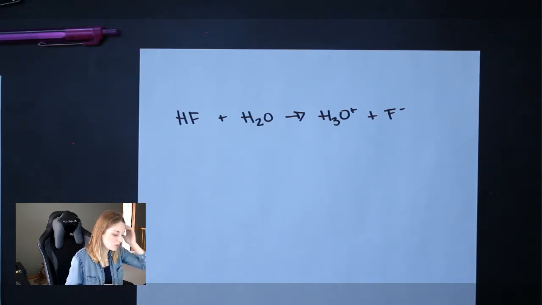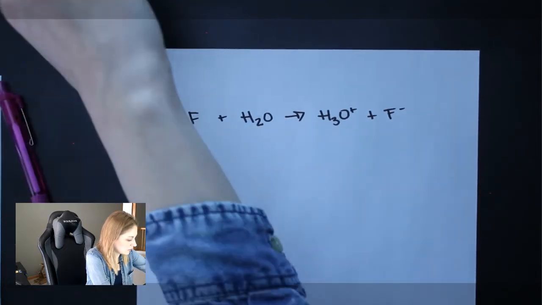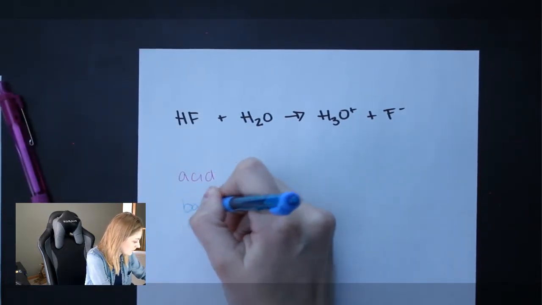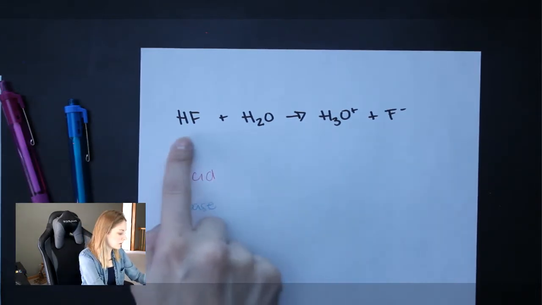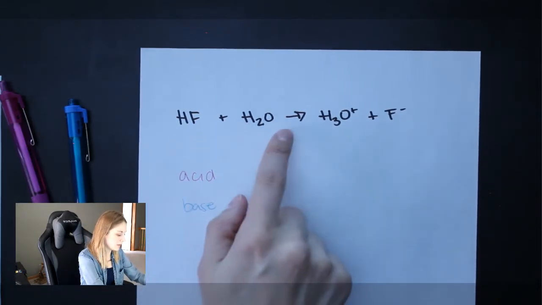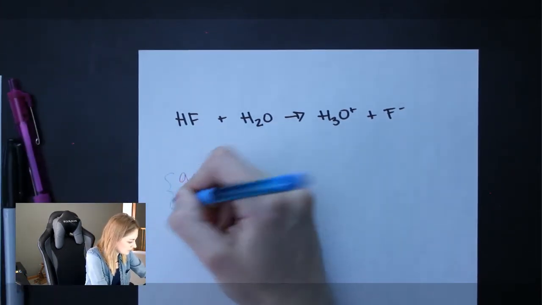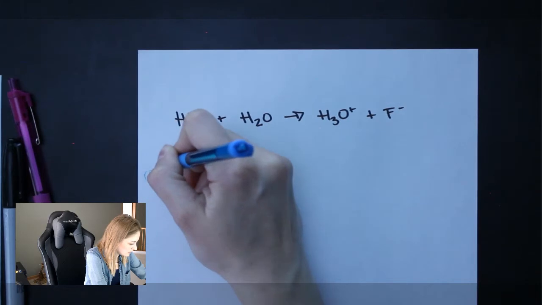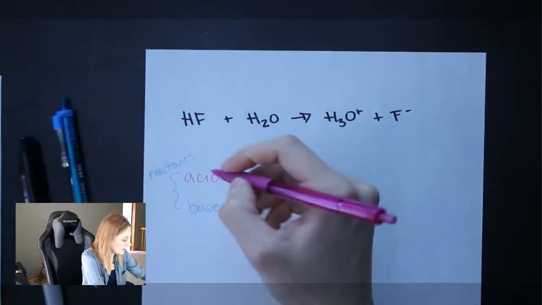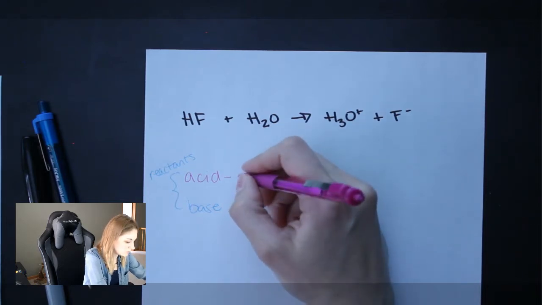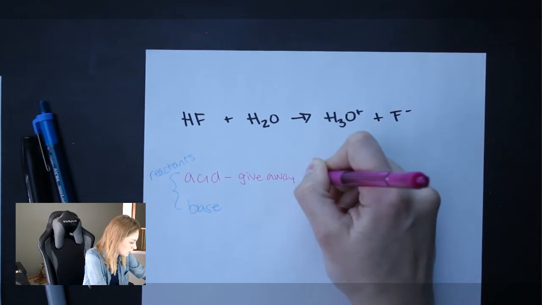And the first thing you need to know is that your acids and bases, I'm going to try and color code this again, will always be reactants. And so your acid and base is going to be located over on the left side of the arrow. So if you want to remember that, acids and bases are always reactants. That should help you identifying things. And your worksheet said that acids were always going to give away a proton.